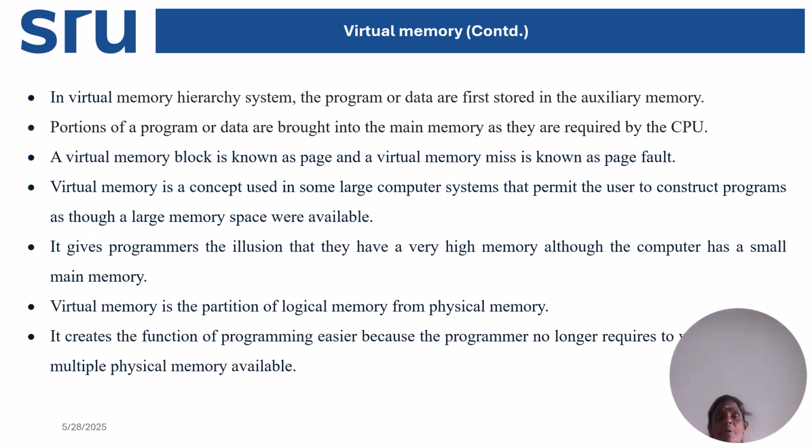In a virtual memory system, the program or data are first stored in the auxiliary memory. Portions of the program or data are brought into the main memory as they are required by the CPU. The CPU will access the program or data from the main memory only.